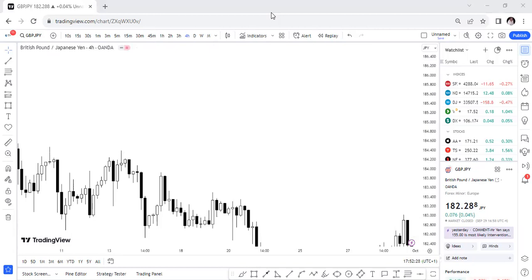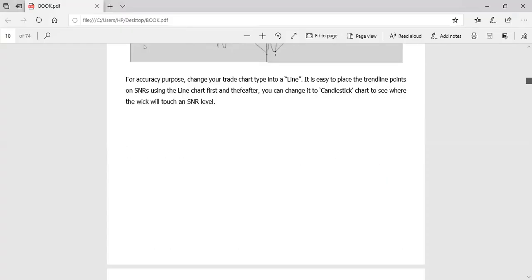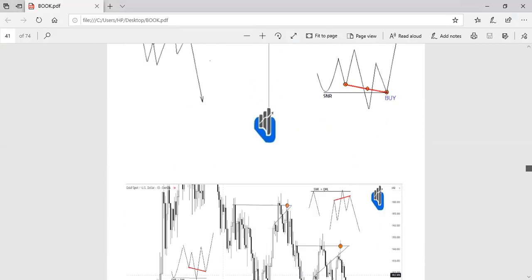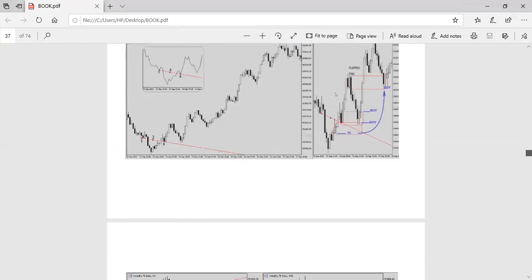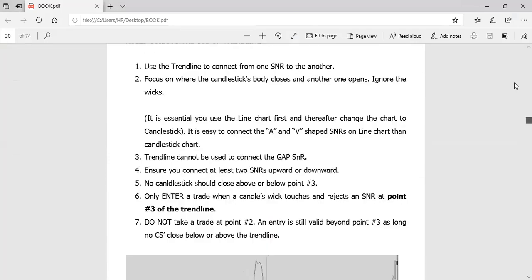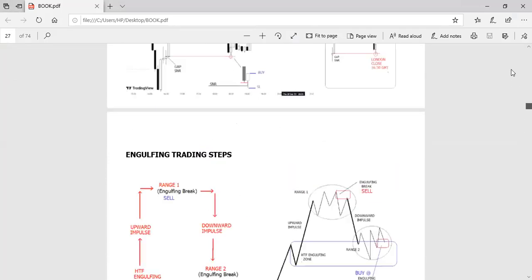We're going to talk about different trades that we can take with engulfing.